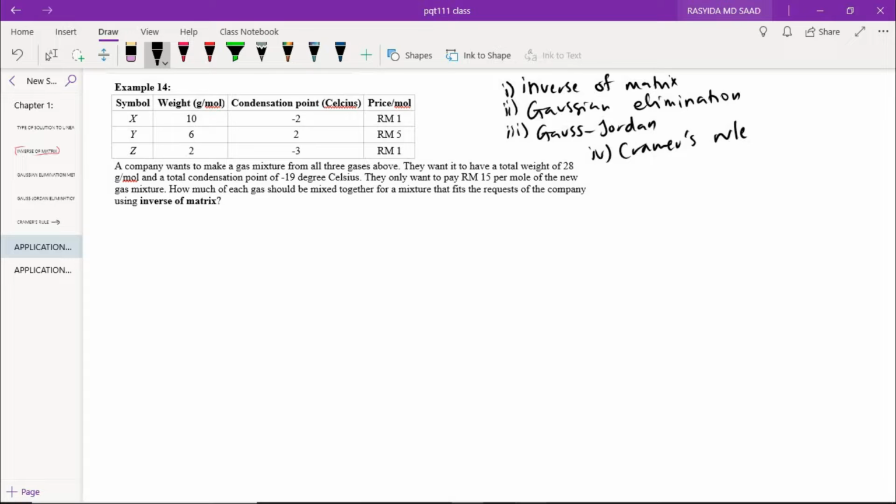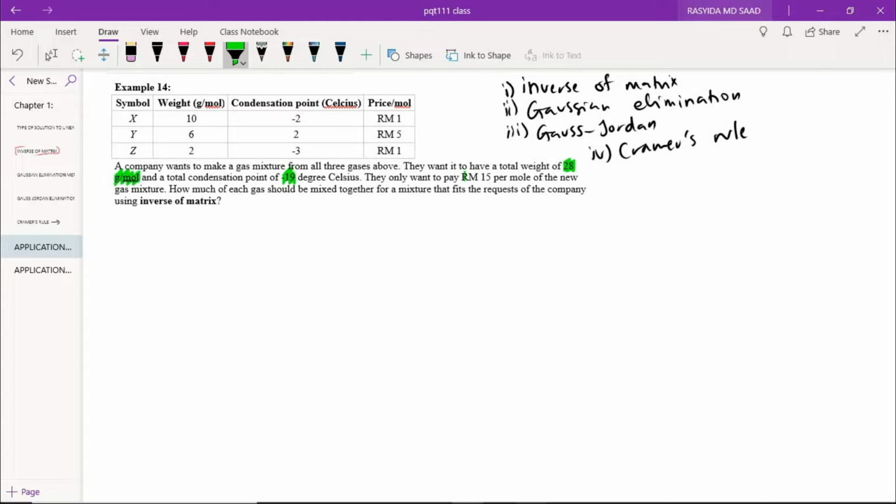Okay, so let's take a look at the first example. A company wants to make a gas mixture from all three gases above. They want to have a total weight of 28 grams per mole and a total condensation point of negative 90 degrees Celsius.